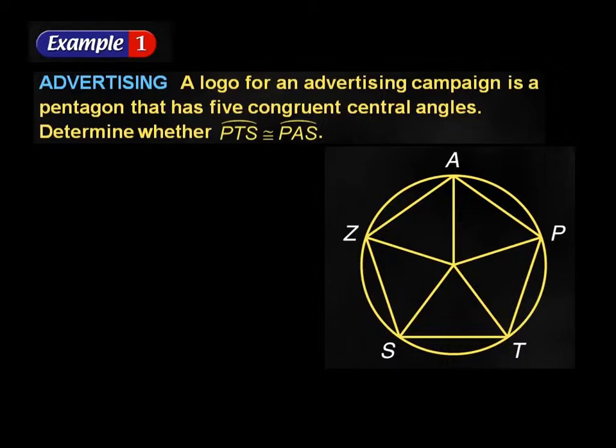A logo for an advertising campaign is a pentagon that has 5 congruent central angles. So that is going to make each one of these arcs also congruent, because the measure of the arc is related to the measure of the central angle.